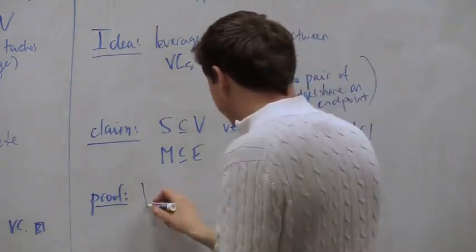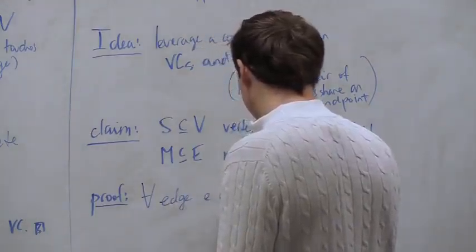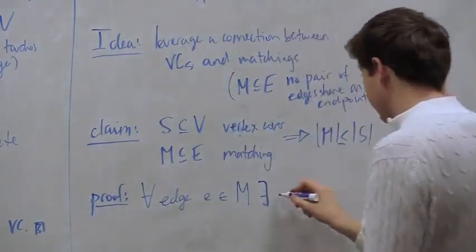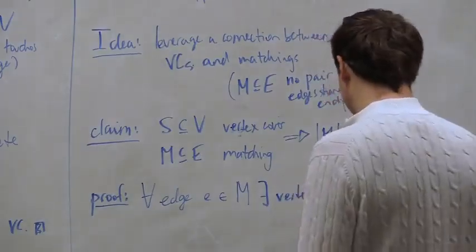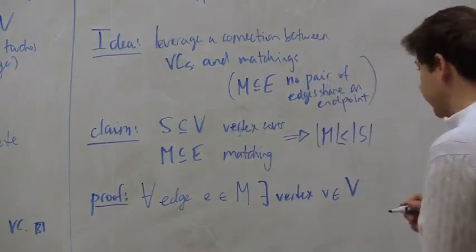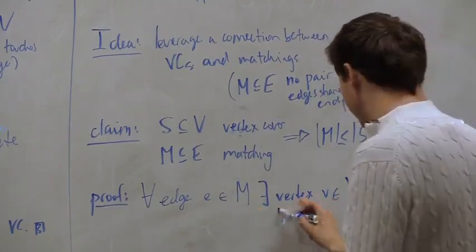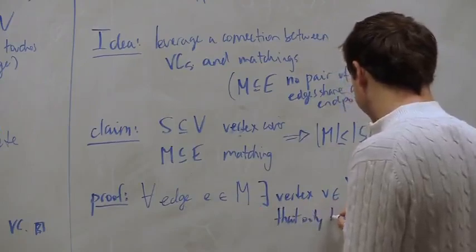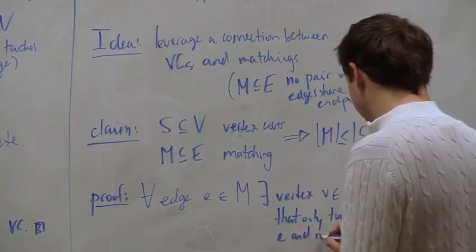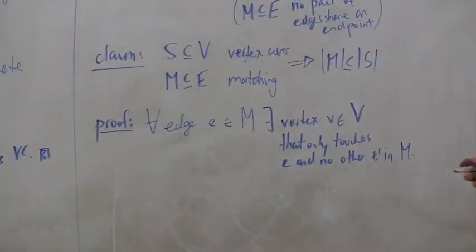Well, let's see. For every edge E in the matching, there exists a vertex V in the vertex cover that only touches E and no other E prime in M. Why is that?